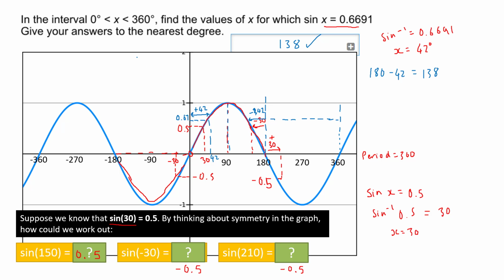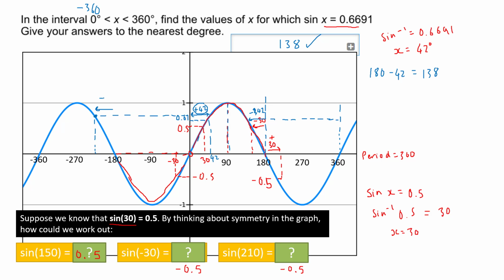But if they extended that range to minus 360, which could happen, that's why it's important to learn the graph. Can you see it matches here? And we'll go down here. Now, can you see it's plus 42 from here to here? And look what way it's moving up or down here, or the symmetry of the graph.